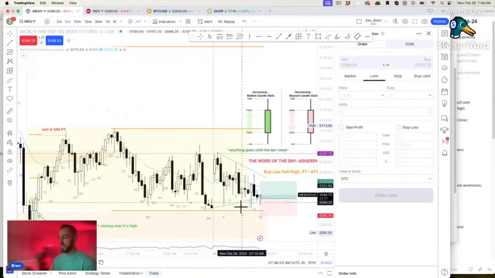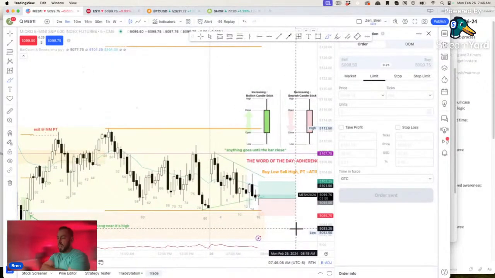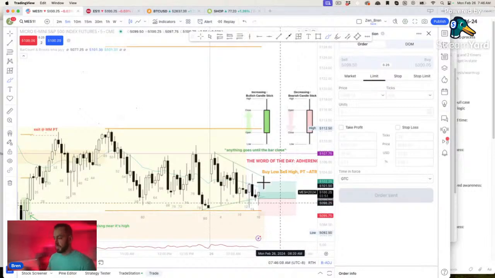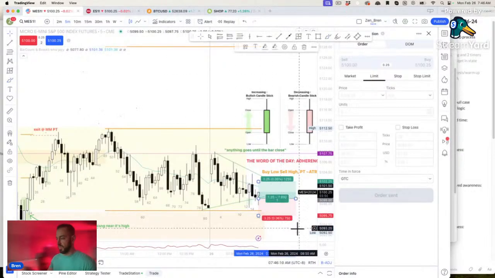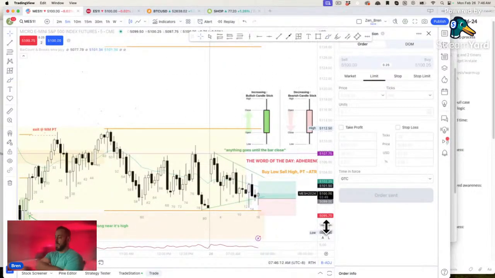So far, every time the price has gotten into this area, the buyers have come in. So if I'm going off the evidence, I gotta go off the evidence.